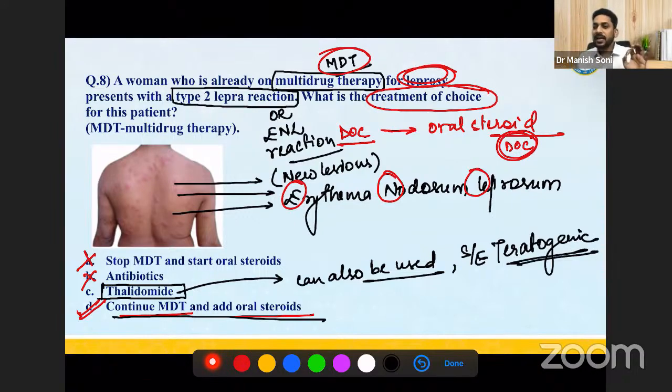Sai Priya is saying erythema nodosum. So remember, don't get confused with erythema nodosum. Erythema nodosum is different and erythema nodosum leprosum is different. Erythema nodosum leprosum is seen in leprosy. It is a type of lepra reaction, while erythema nodosum has multiple causes. It can be idiopathic.